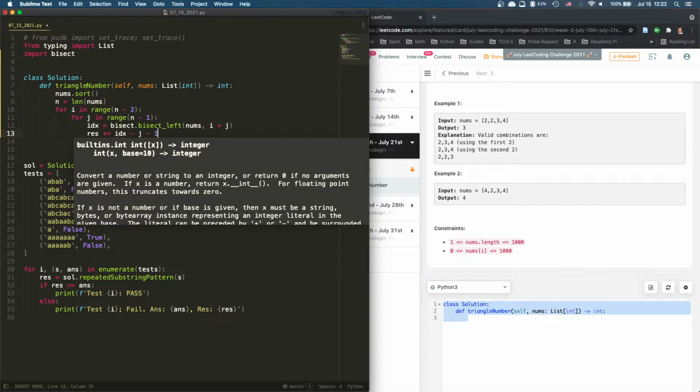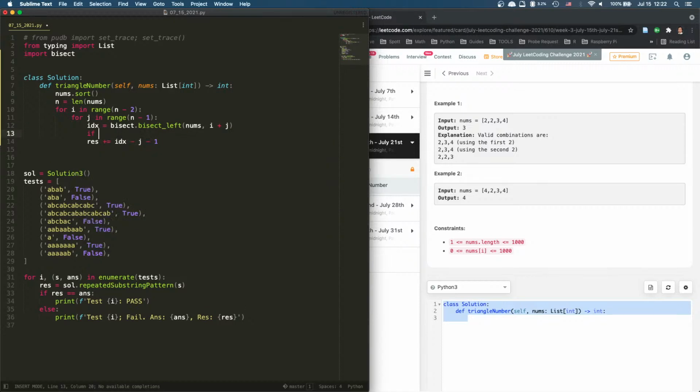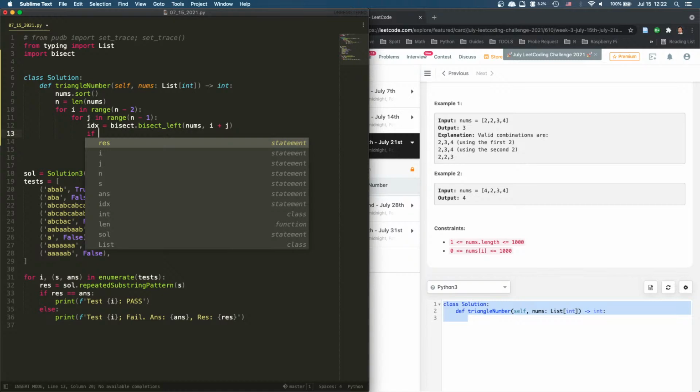If we have something that's the same, we have to check, right? We have to check if it's the same, then I want, yeah. So let's say if bisect left, we're gonna go left, right? And we just say it's the same.